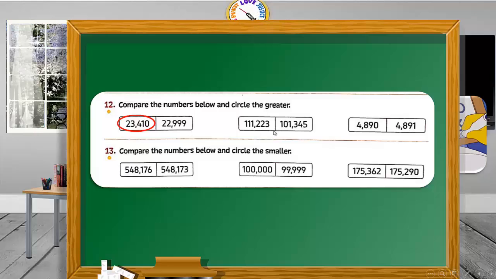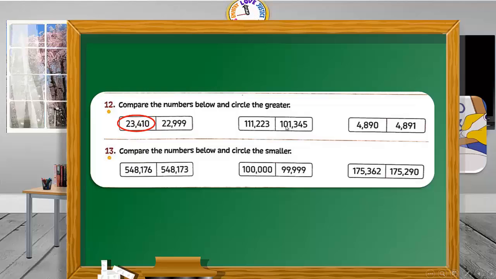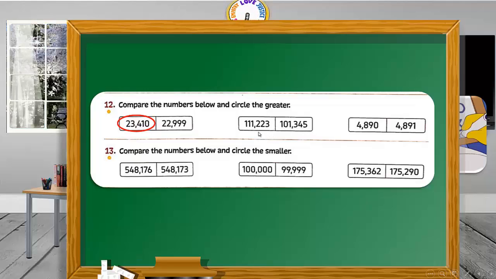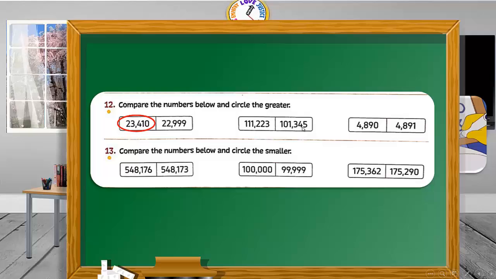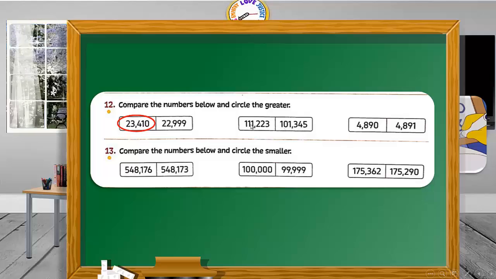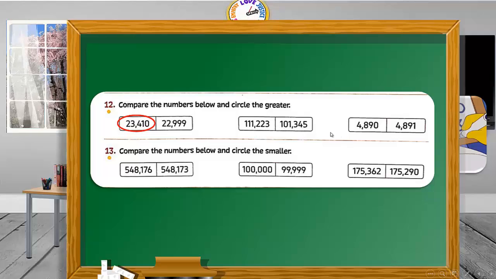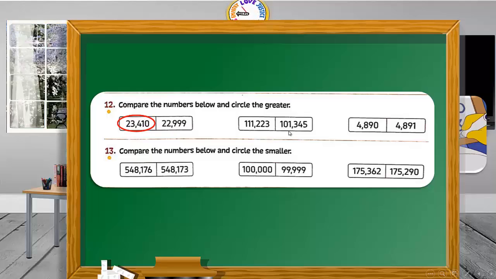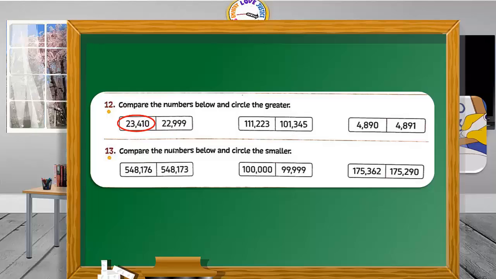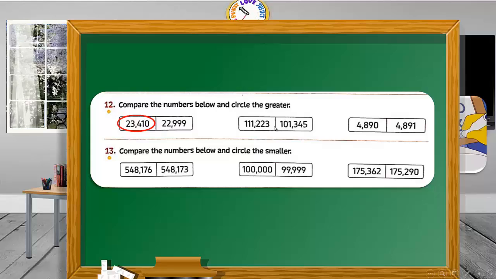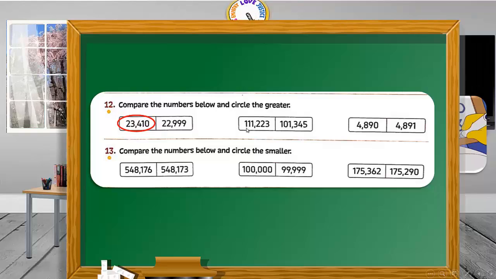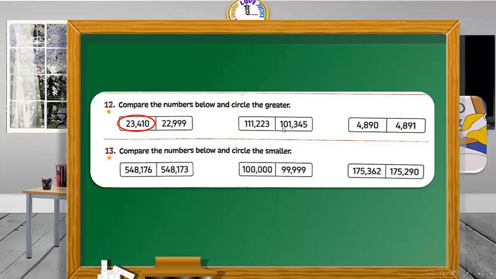Next one, I said first step, count the number of digits of each number. We have here 1, 2, 3, 4, 5, 6, and here we have 6 digits. They are equal in the number of digits, but which is the biggest? Look at the highest place. In the highest place we have 1, and in the next number we have 1, so we can't compare.